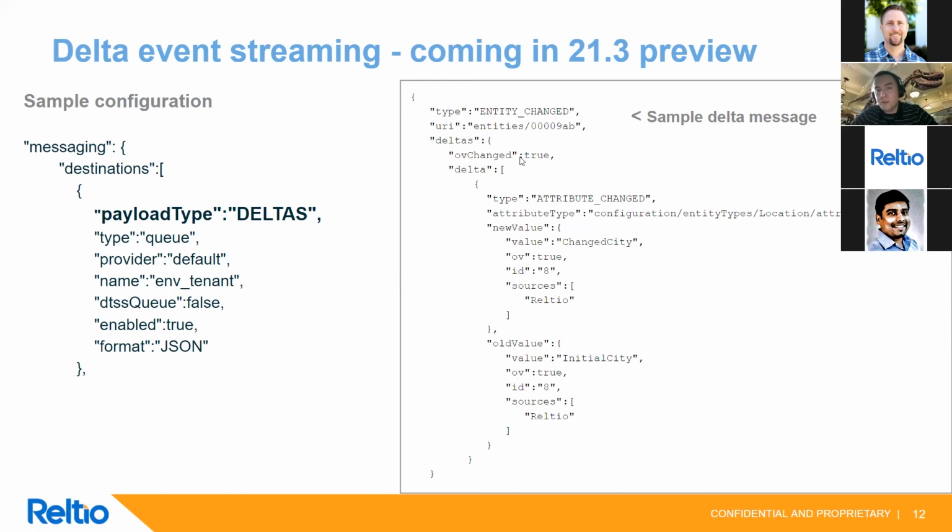Was any of the OV value changed, yes or no? And then the old value and the new value for this specific attribute, and which source is associated with this update. And this is the only thing I'll receive from this event. So I know exactly what changed, from which source it changed, and how it was changed, basically what was before and what is the new value there. This is new. This is what we added in the coming release.